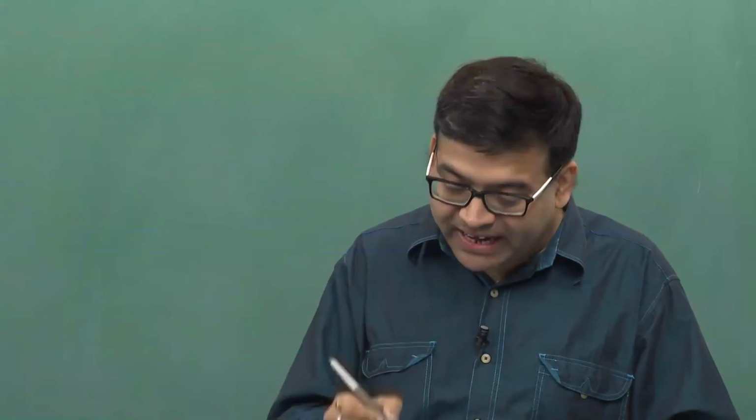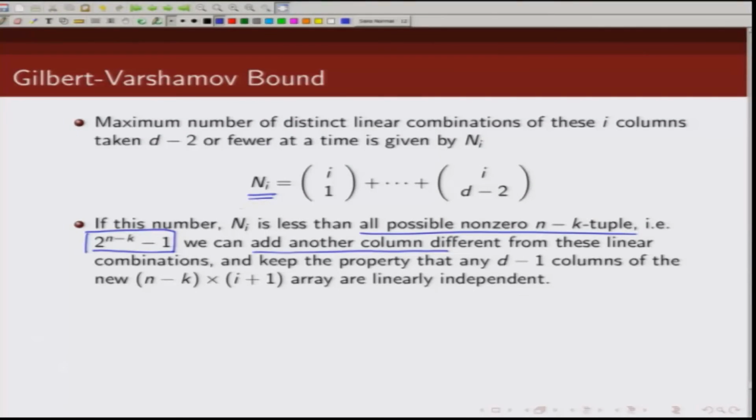In other words, they are linearly independent. So, if we can ensure that this number Ni is less than 2 raised to power n minus k minus 1, then we can add another n minus k column which would be different from any linear combination counted here. And this will keep the property that any d minus 1 columns of this newly constructed H matrix, where we are adding this column, would not add up to 0.